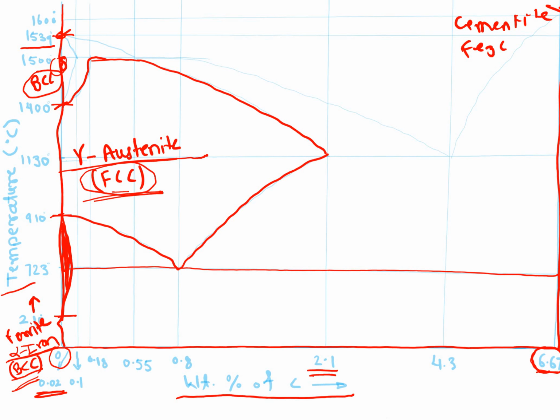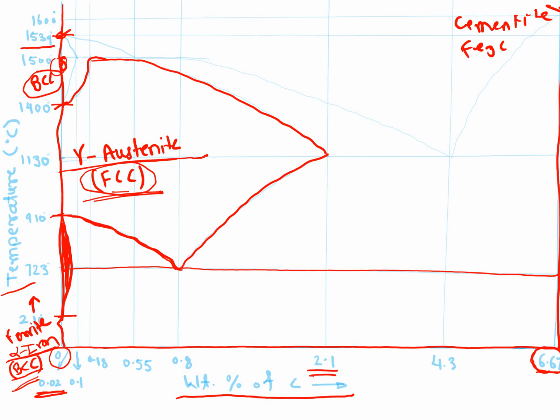In any interview or competitive exam, you need to understand and remember this curve, because for gamma austenite, this is the transformation temperature, and this is the lowest transformation temperature.